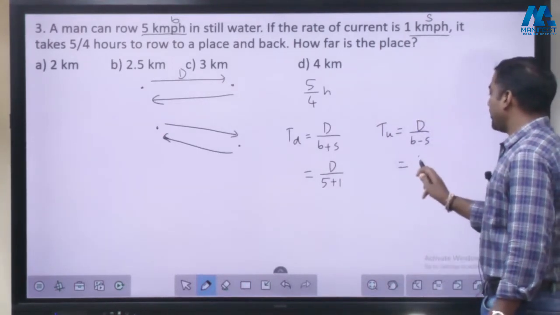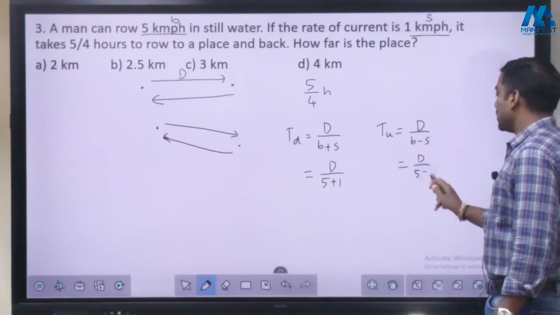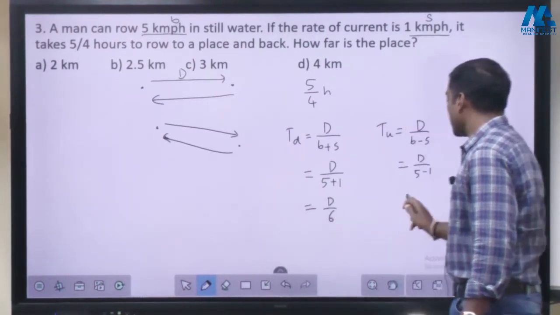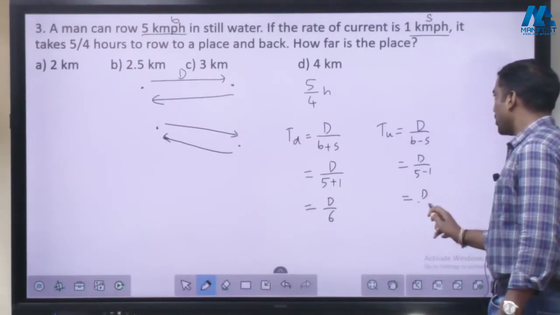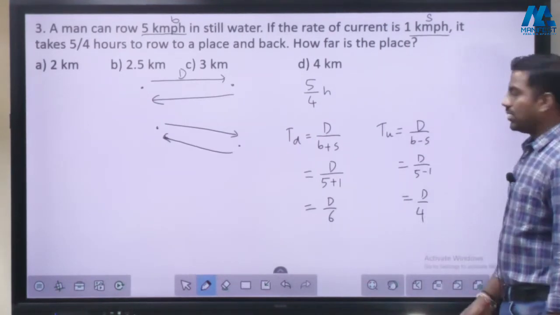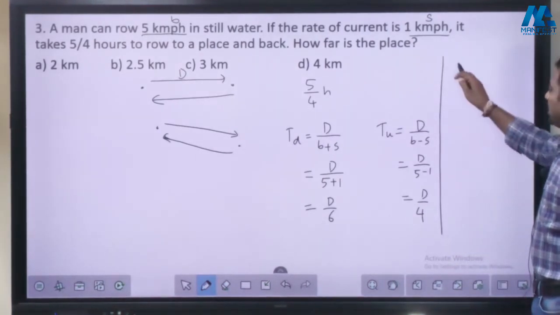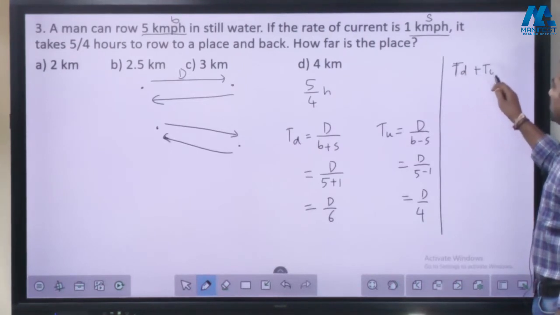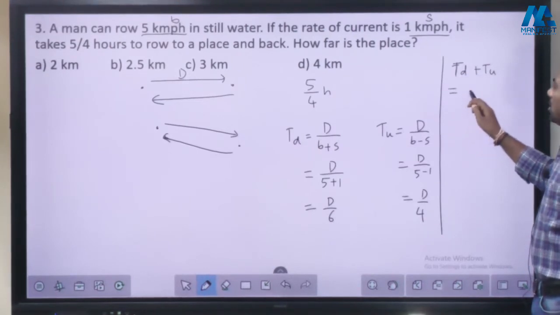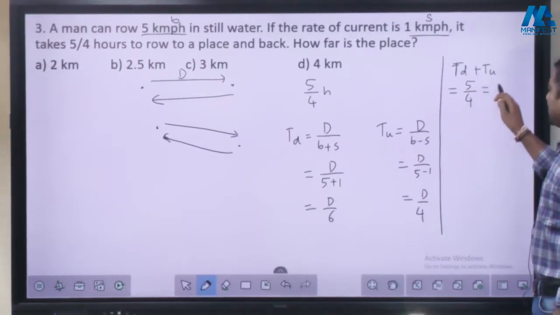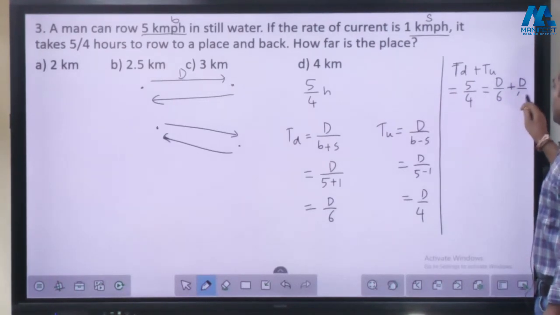Here, D divided by 5 minus 1. This is D by 6. And this is D by 4. But what have they given? Total time, that is TD plus TU, is how much? 5 by 4. So this 5 by 4 is nothing but D by 6 plus D by 4.